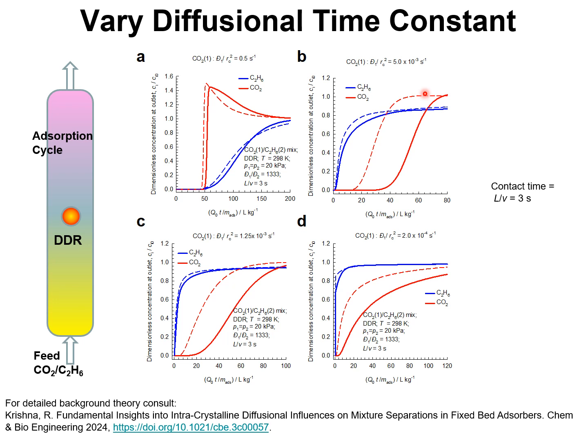Here it is 5 times 10 to the minus 3 per second, 1.25 times 10 to the minus 3, and 2 times 10 to the minus 4 per second. In other words, A, B, C, D are obtained by increasing the crystallite size and reducing the diffusional time constant.